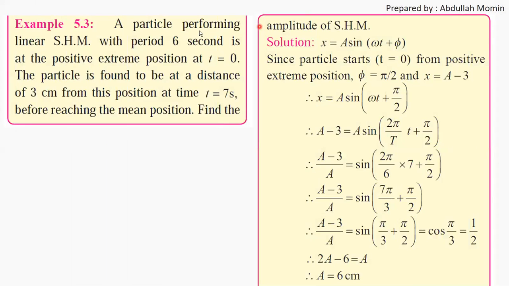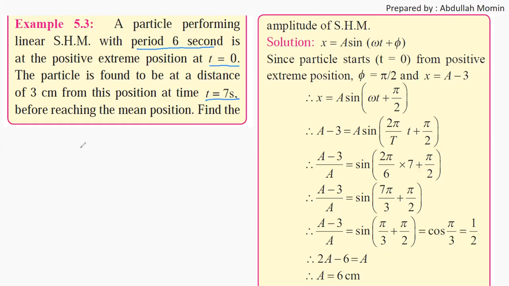Next numerical: a particle performing linear SHM with period 6 seconds is at positive extreme position at initial time t = 0. Now the particle is found to be at a distance from this position at time t = 7 before reaching the mean position. Find the amplitude.